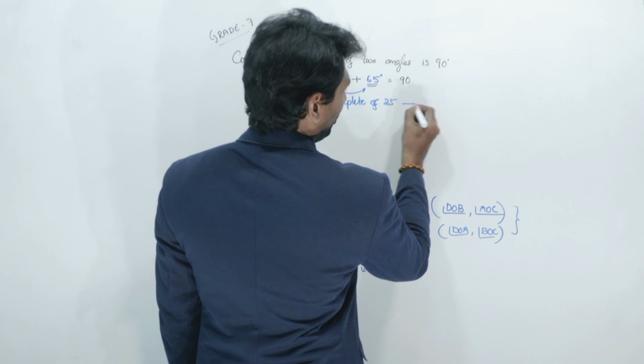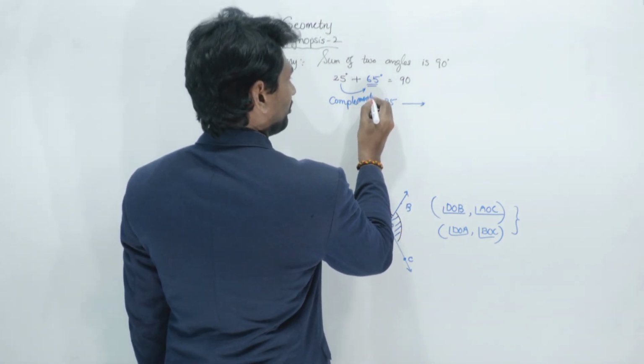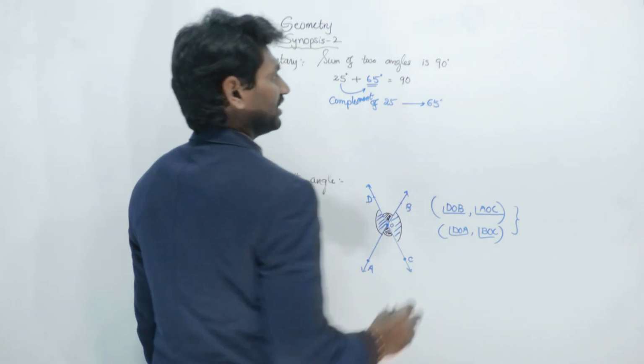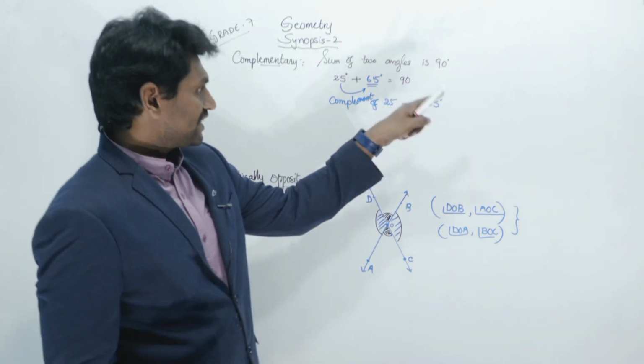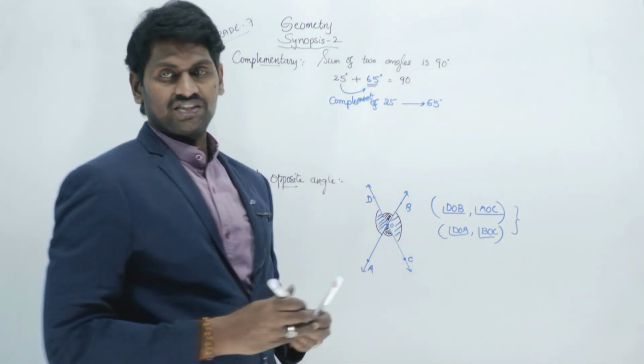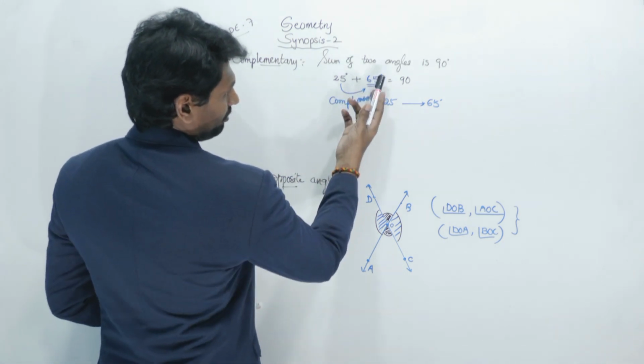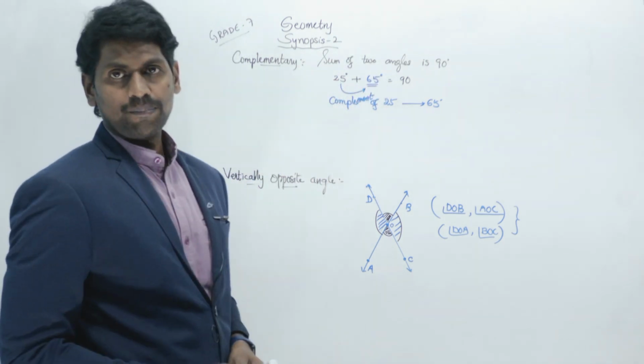So the complement of 25 degrees is 65 degrees. In the same way, the complement of 65 degrees is 25 degrees, since the sum of the two angles is 90 degrees. Okay? The complementary angle of 25 is 65. The complementary angle of 65 is 25.